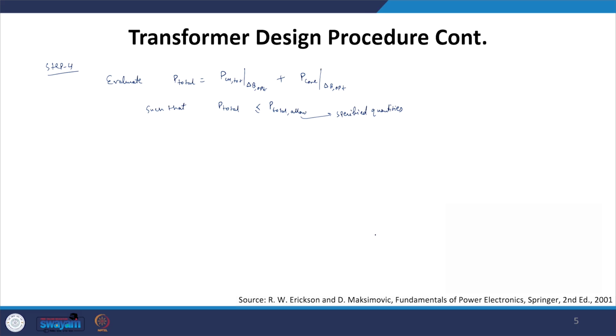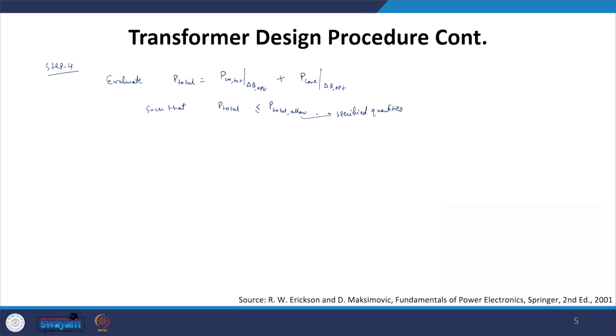If it is not, then again you go back and select the next bigger core, and this procedure keeps on going until you reach a point where you are obtaining the minimal total loss in the transformer less than the allowable loss in the transformer. So it is an iterative process, a multi-step process. The optimization needs to be done to obtain the optimum value of delta B and the optimum value of gamma j, which is the fraction of the area allotted to the windings, and so on.